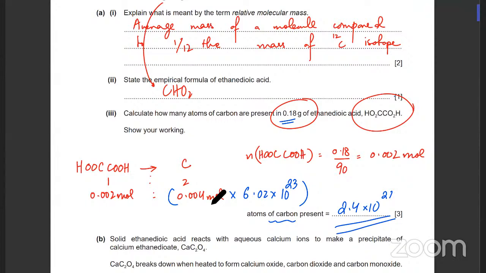Let's say I say there's one car. How many tires does one car have? 4. That's more, right? Does it make sense now? One thing can have many things inside it. So there's one molecule, but inside that molecule there are 2 carbon atoms, right?